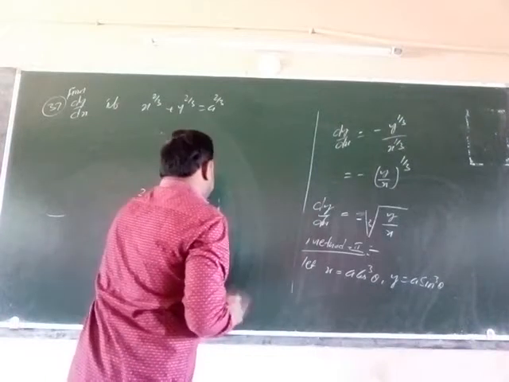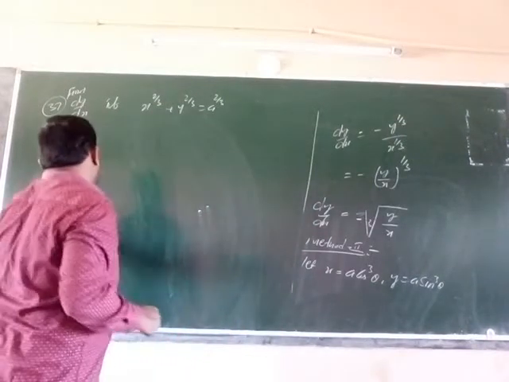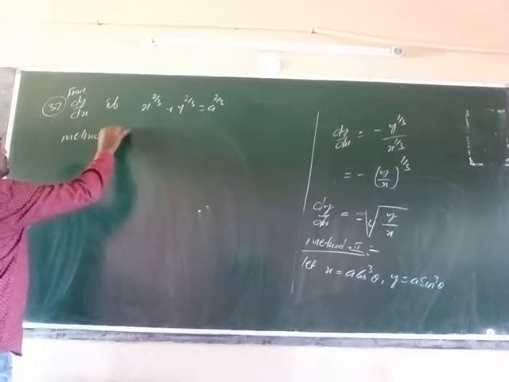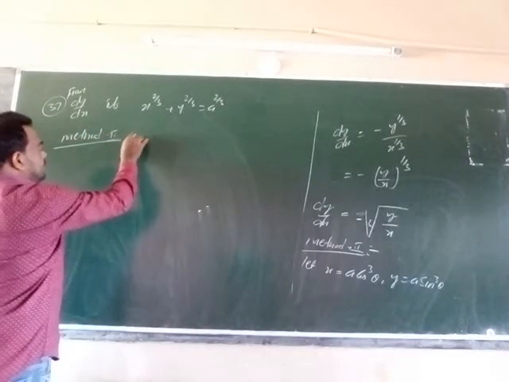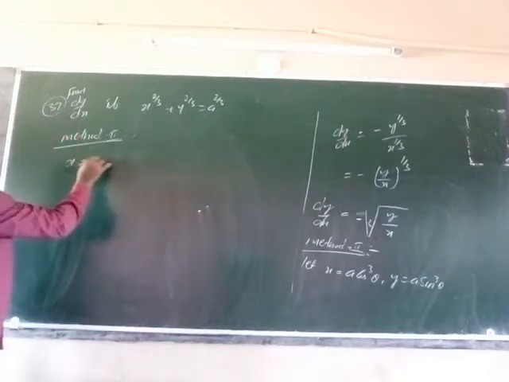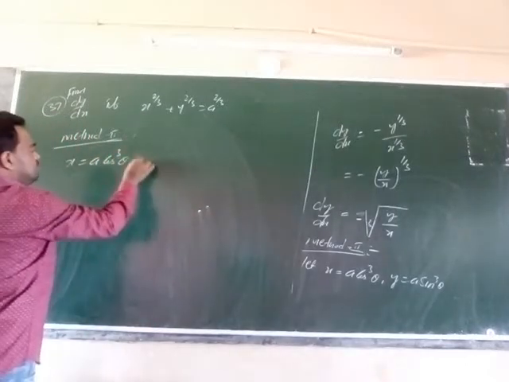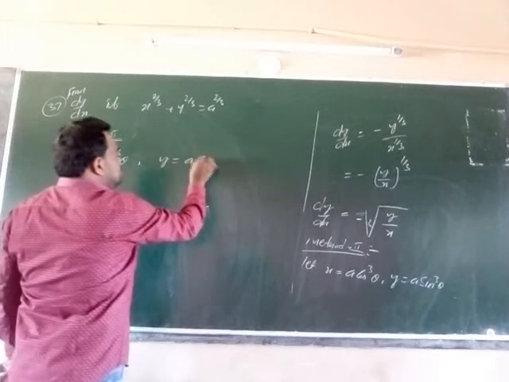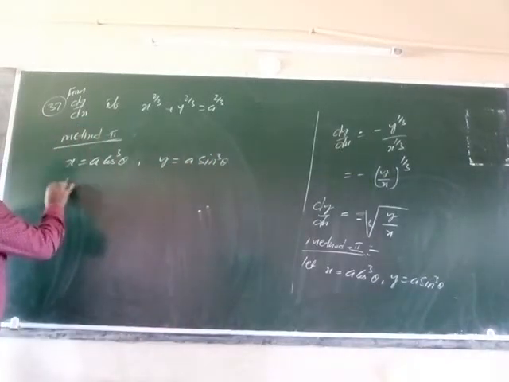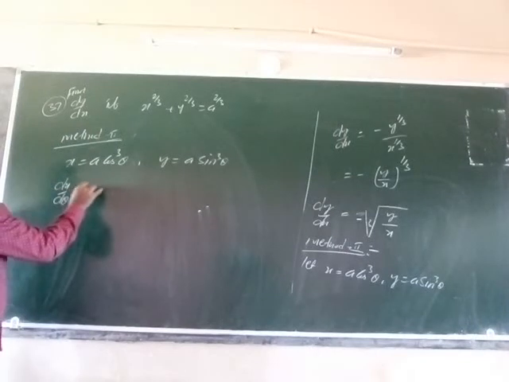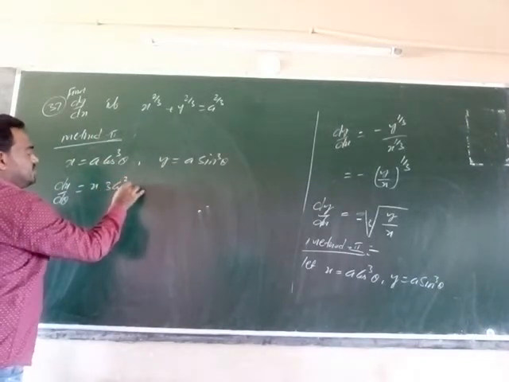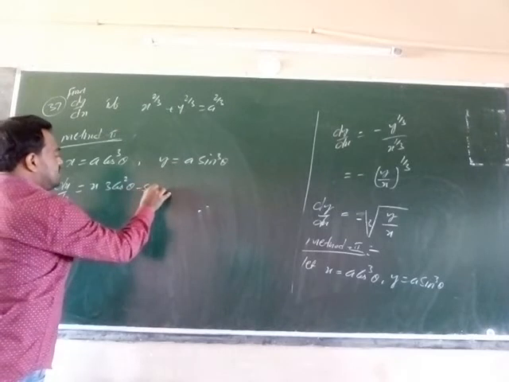In method 2, let x is equal to a cos cube theta, y is equal to a sin cube theta. So dx by d theta is equal to a into the derivative of cos cube theta, which is 3 cos square theta, into the derivative of cos theta, which is minus sin theta.